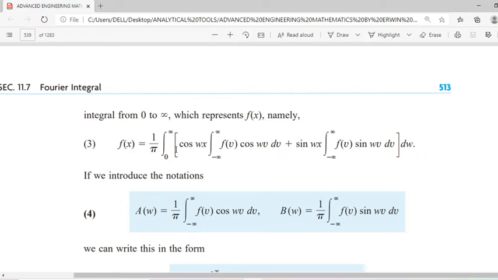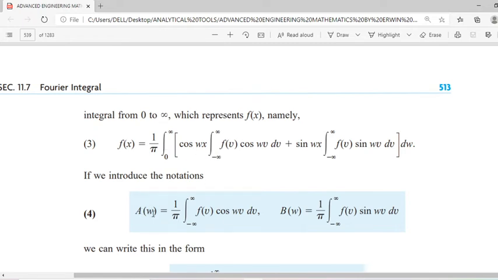So a similar theory can be used here, and using that theory, it will become integral 0 to infinity cos Wx integral minus infinity to infinity f of v cos Wv dv plus sin Wx integral minus infinity to infinity f of v sin Wv dv dW. So that theory is applied here, and we can introduce these terms so that we can replace all these integrations inside these brackets.